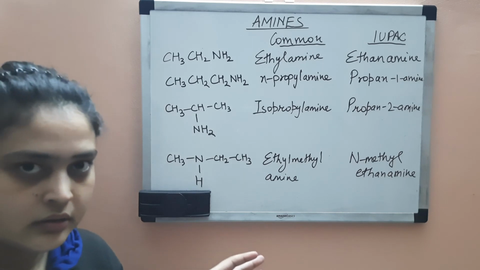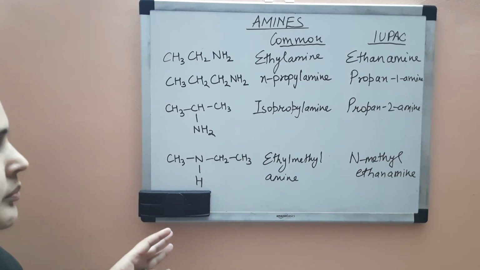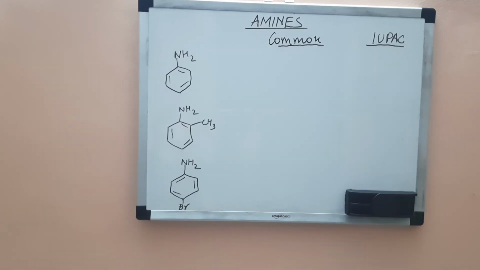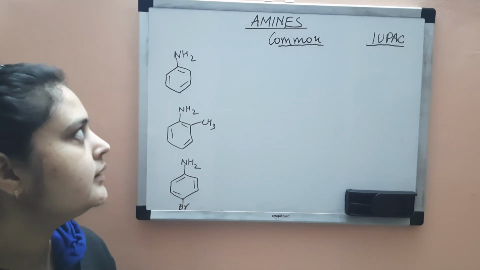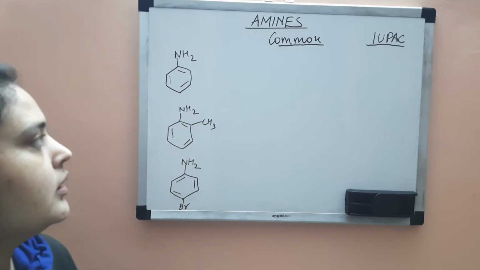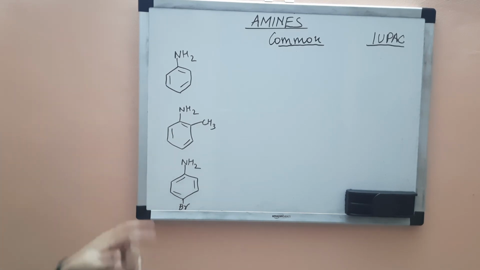Now we will see some more examples of common and IUPAC nomenclature. These are aromatic amines or aryl amines. Now we will name them. The first one is aniline in common nomenclature.